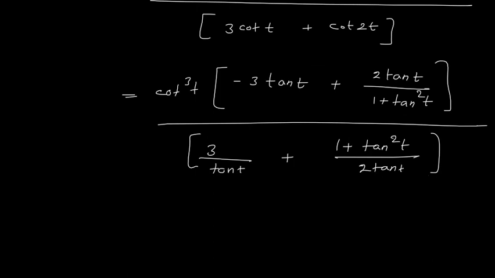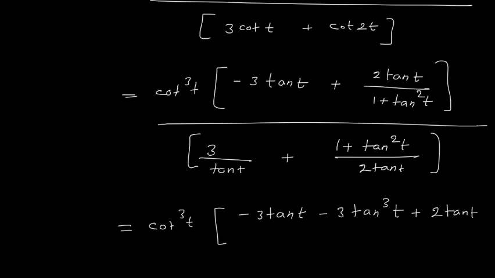Now we cross multiply. This is cot cube t, and you will get minus 3 tan t, then minus 3 tan cube t, and then plus 2 tan t, whole divided by 1 plus tan square t.